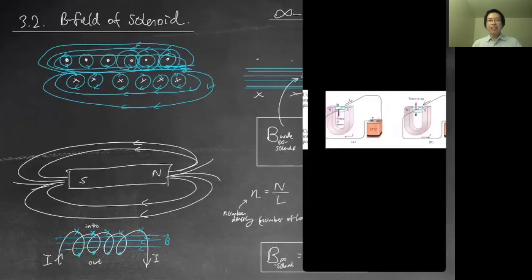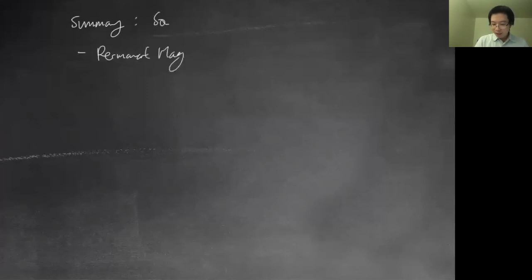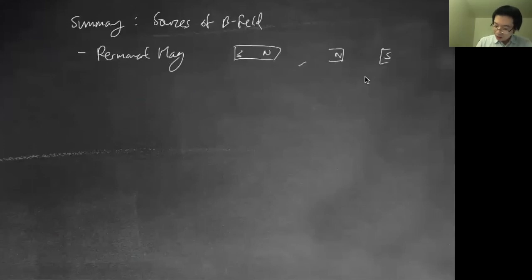Okay, good. So a quick summary of the sources of B field: you can create them with permanent magnets. So learn how to draw the field lines for a permanent magnet like this and like this, with the red arrows going from north to south.